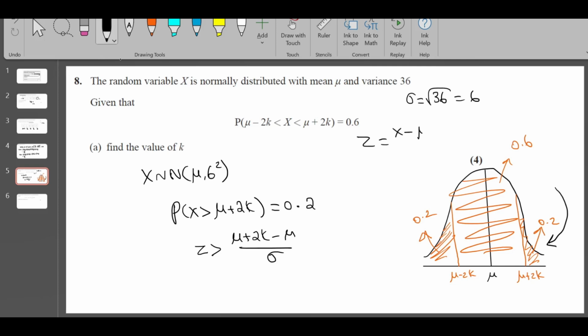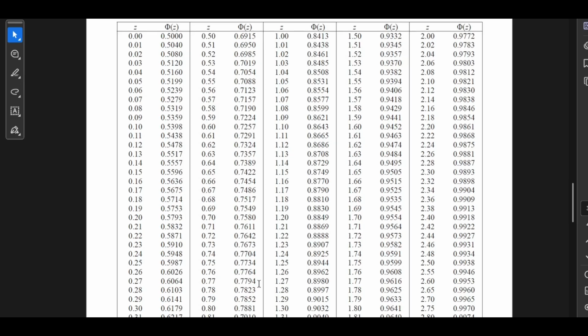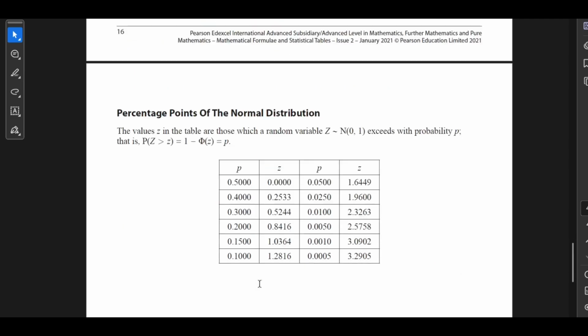Z is x minus mu over sigma is 0.2. The mu can be cancelled. Sigma is actually 6. So you can get this value from the table. Look at the small table for 0.2. The corresponding value is 0.8416.